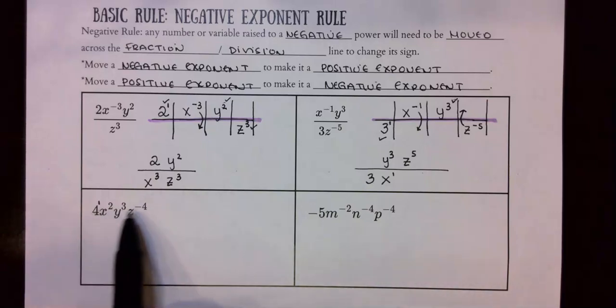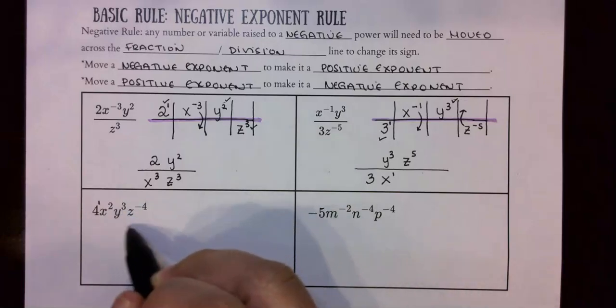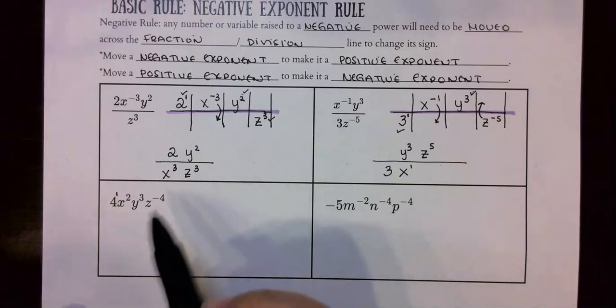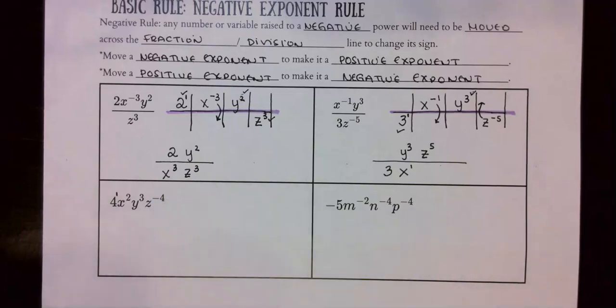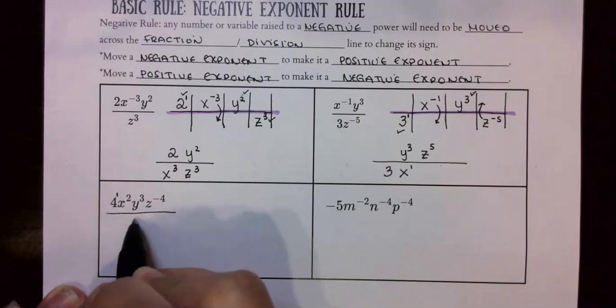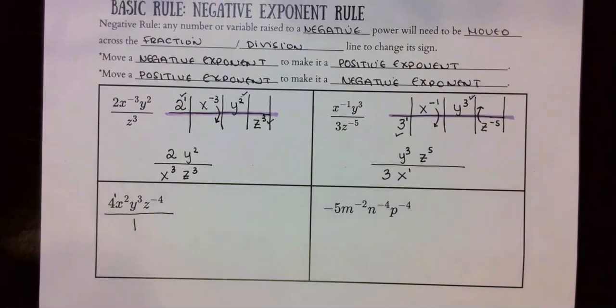Now, even though it looks like this problem is already done, we do need to address this. This cannot be our final answer because we have a negative exponent. Because this is not a fraction, I'm going to ask you to turn it into a fraction. So you're going to draw the division line and put a 1 at the bottom. Now remember, the 1 is just a placeholder until you move something down.